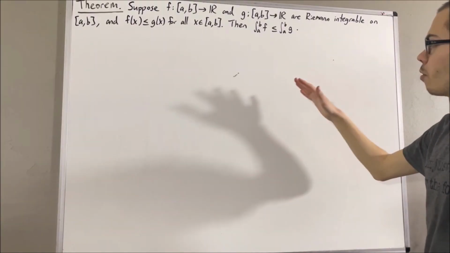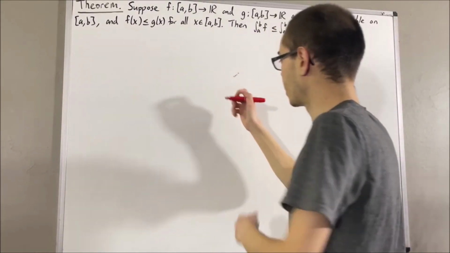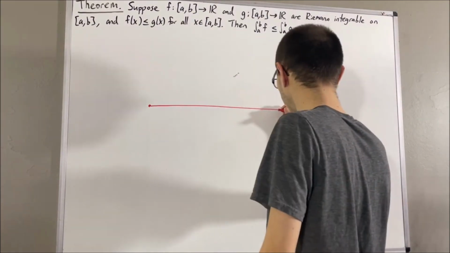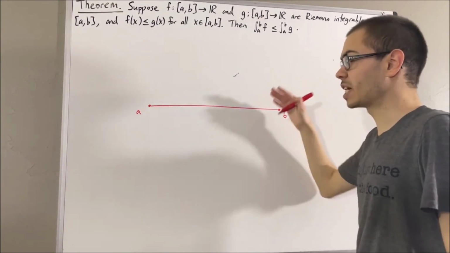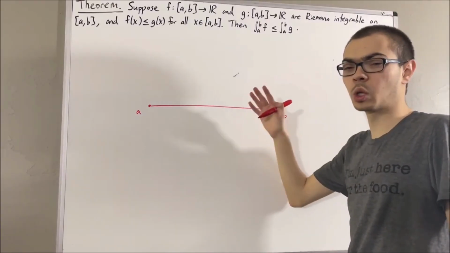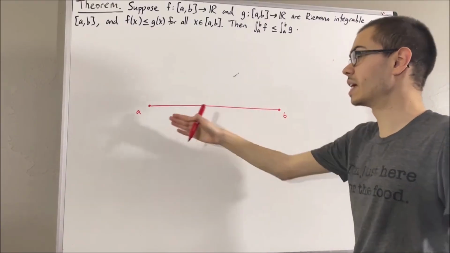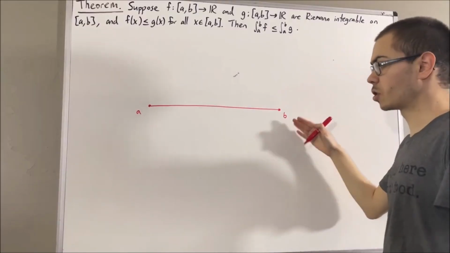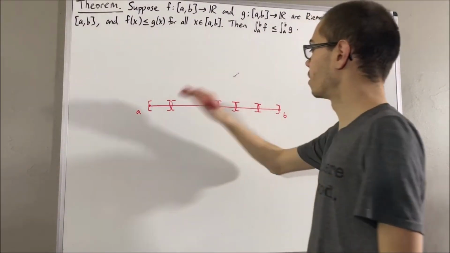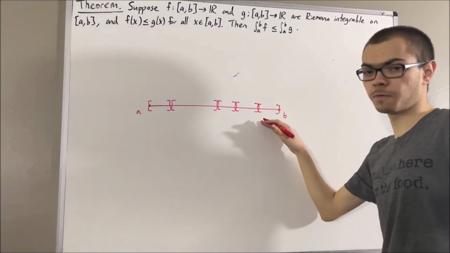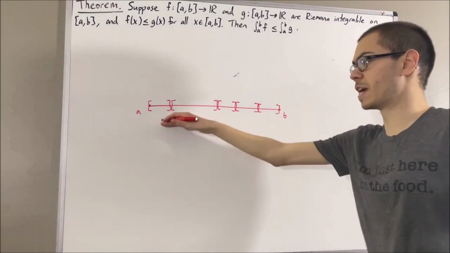So if we consider our closed interval [a, b], let's say it looks something like this. Well then, a partition of [a, b] is a collection of non-overlapping closed intervals whose union is [a, b]. So for example, this collection of closed intervals would be a partition of [a, b].